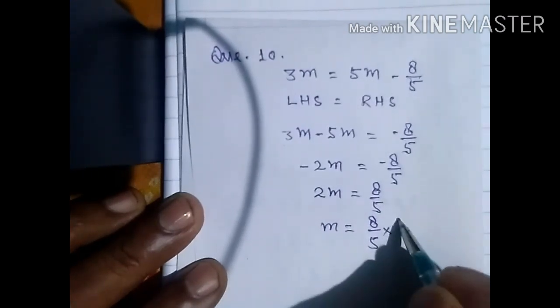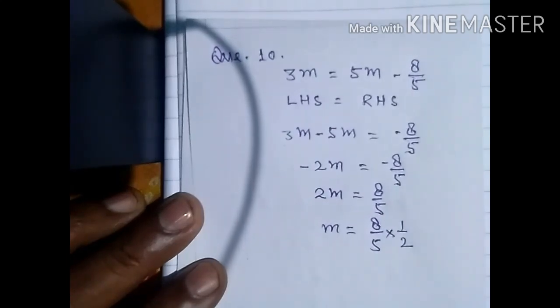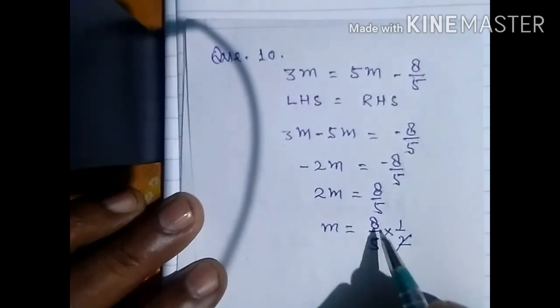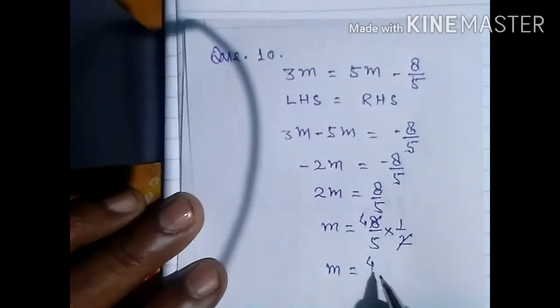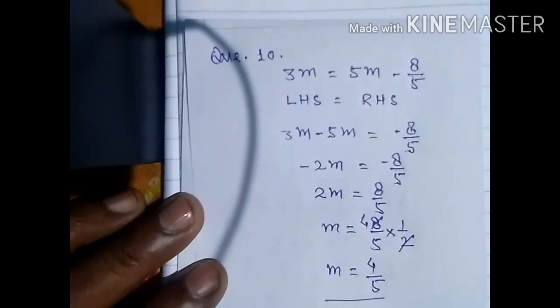So into 1 by 2. So 2 times 4 is 8. So m is equal to 4 by 5. This is the value of m, students.